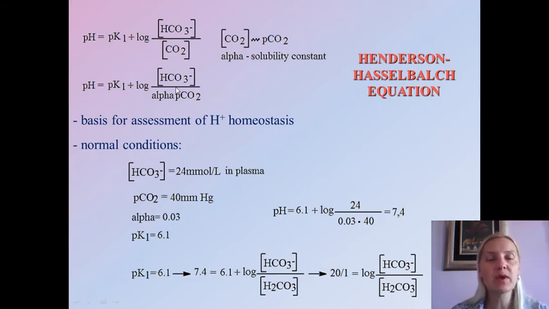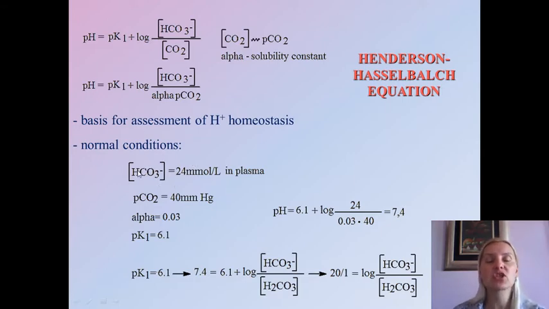So whichever way you choose to express this equation, it's called the Henderson-Hasselbalch equation, and it's actually the basis for assessment of hydrogen ions homeostasis. So under physiological conditions, this is a practical application of this equation.